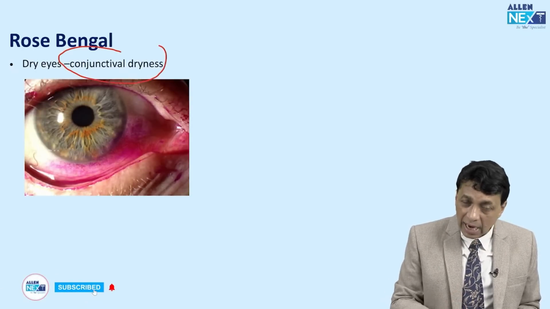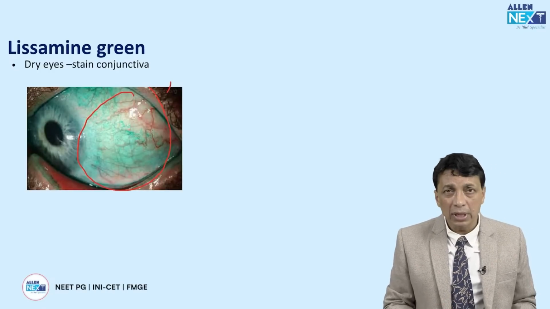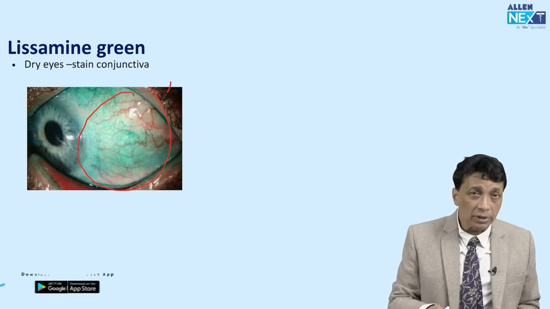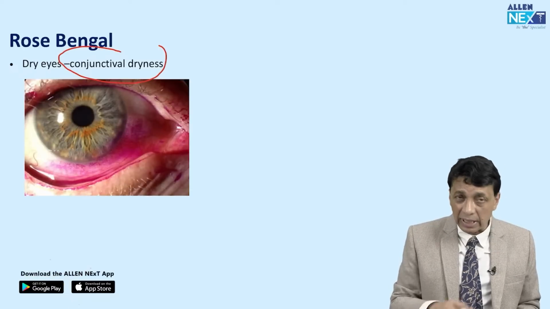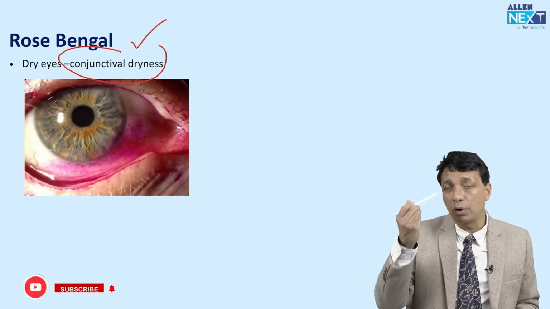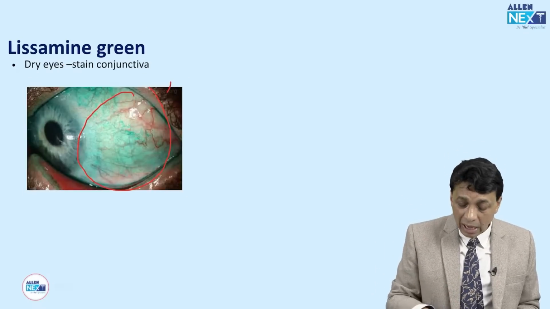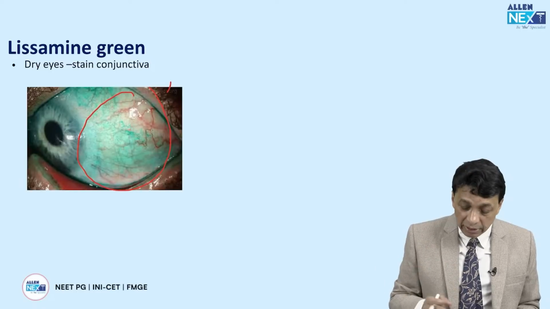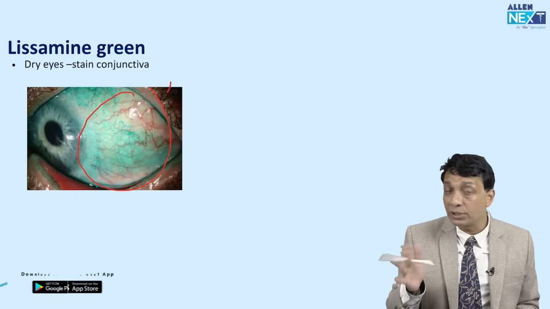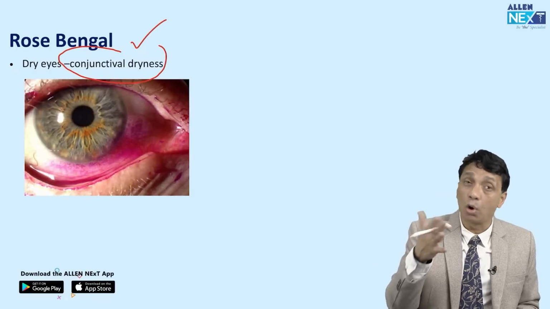You can use either rose bengal or lissamine green, though mostly we prefer lissamine green because rose bengal is more painful, causing a painful stinging sensation. So rose bengal is now usually replaced with lissamine green because both of them stain the dry conjunctiva, in contrast to fluorescein, which stains the dry cornea.